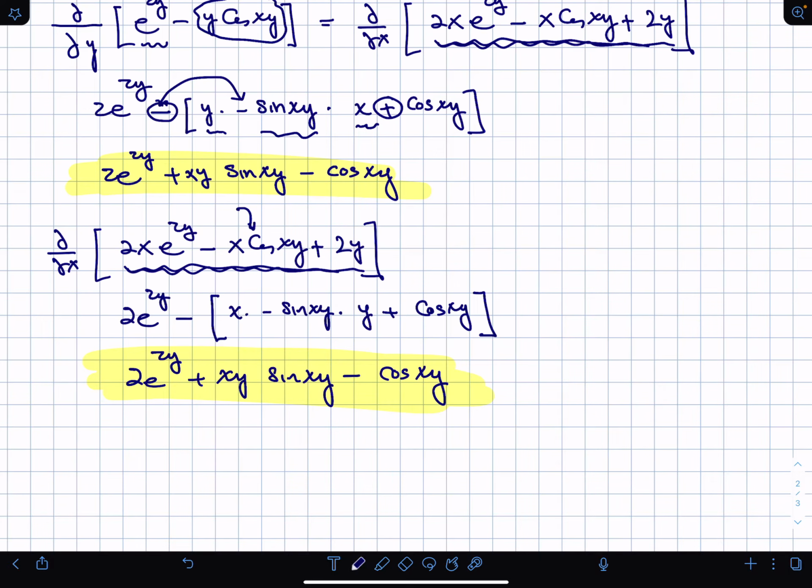I can clearly see that these two are the same. So therefore, I have satisfied the exactness criteria, and therefore I have a green light to go ahead with this.